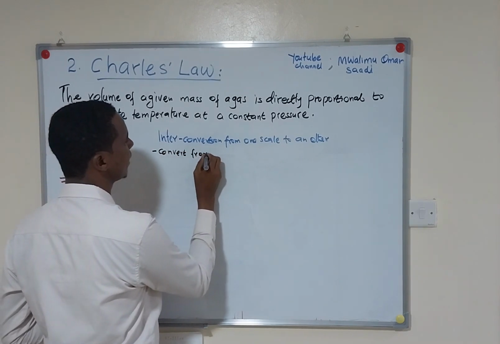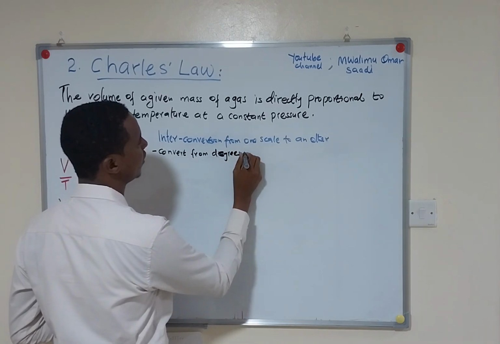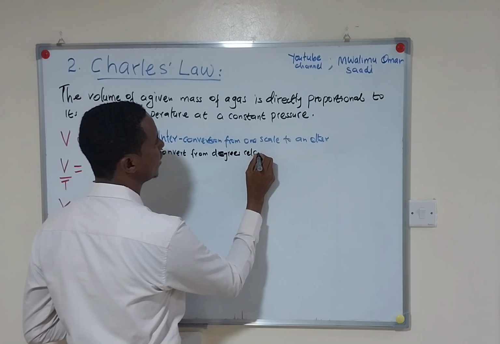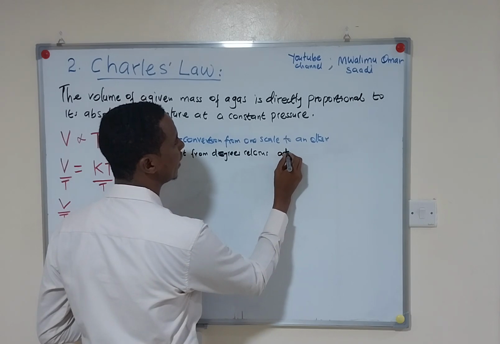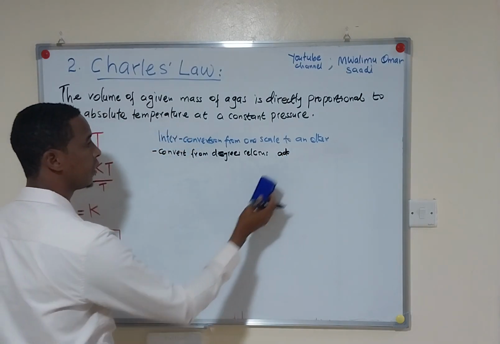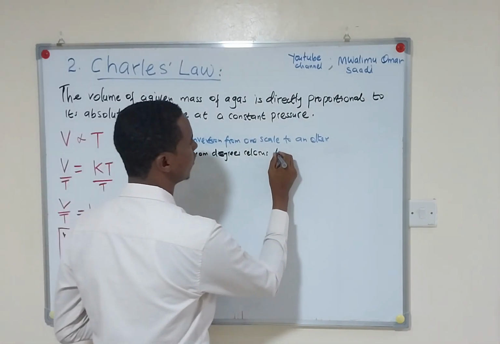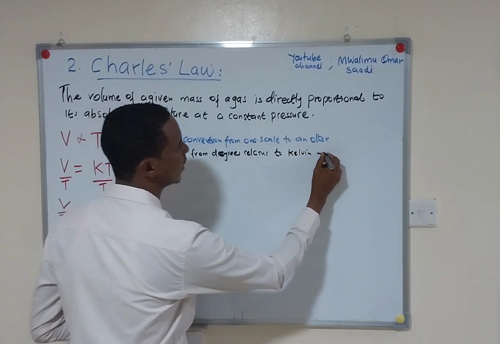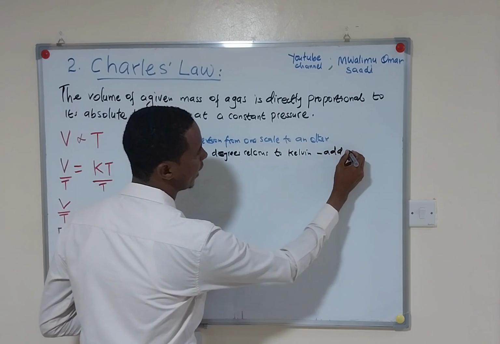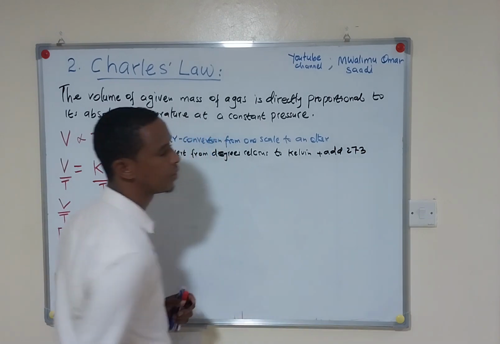So to convert from degrees Celsius to Kelvin, you add 273.